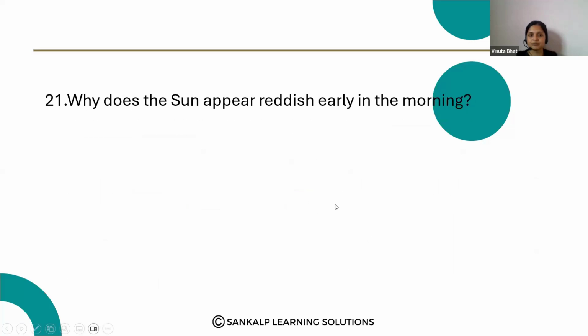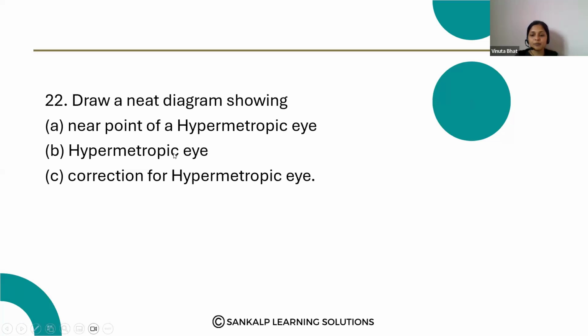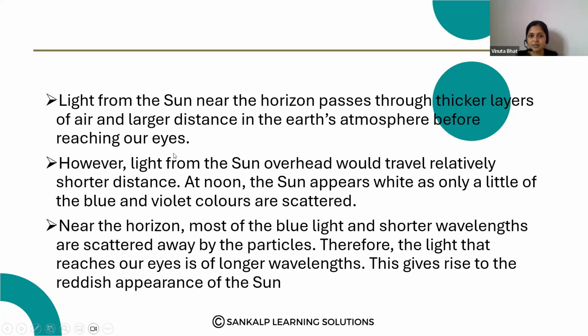Next question. Why does the sun appear reddish early in the morning? You know that during sunrise and sunset, the sun appears red in color. Light from the sun near the horizon passes through thicker layers of air, a larger distance in the earth's atmosphere, before reaching our eyes.